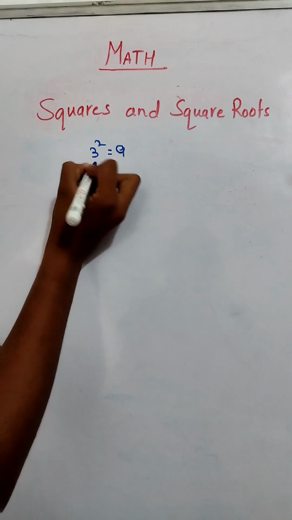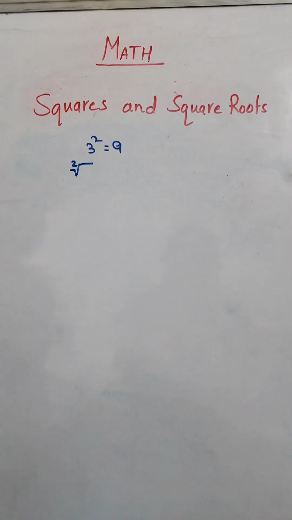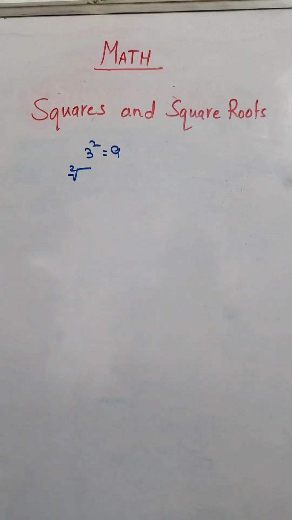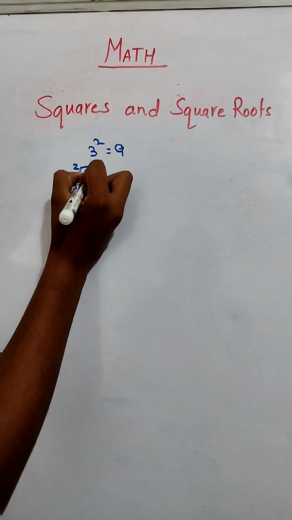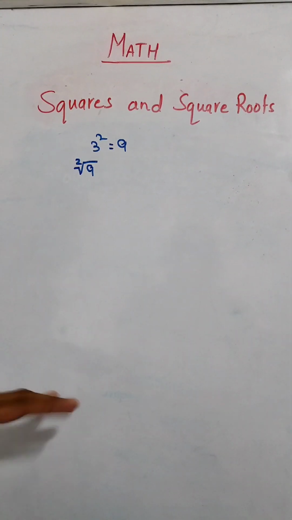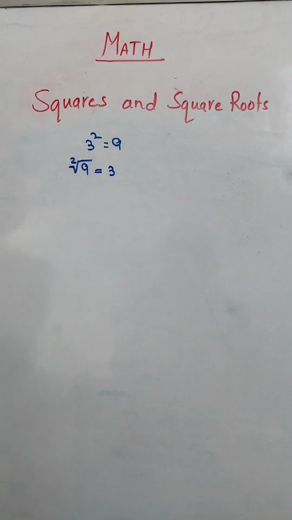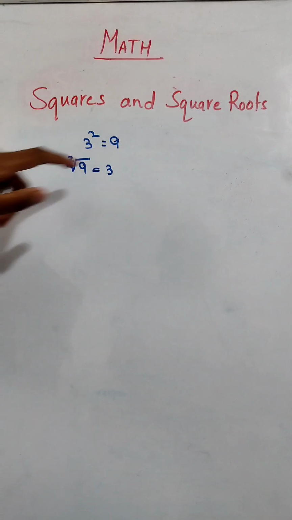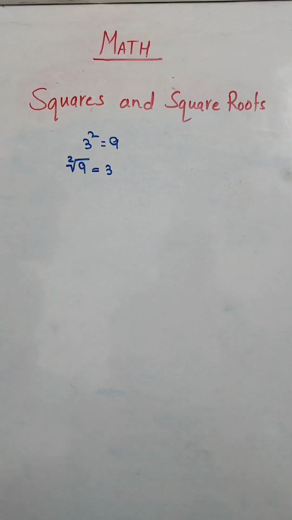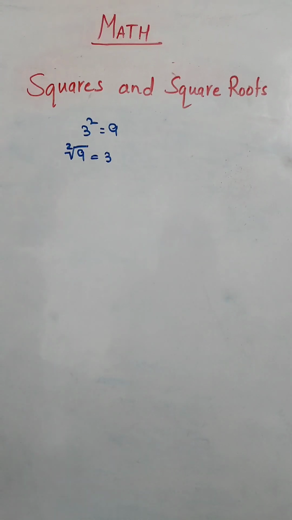A square root is written in this format with a 2 over here as a symbol that we are taking a root of squares. So if we put 9 here, it is understood that we are taking the square root of this number, or all we are doing is we are writing 3. You can see that 3 square is 9 and the square root of 9 is 3. All we are doing is the inverse, the opposite of what we are doing with squares.